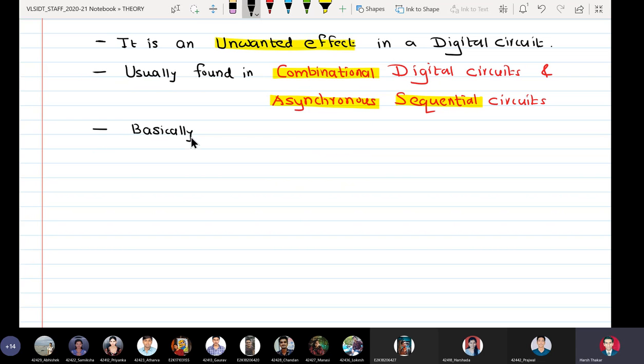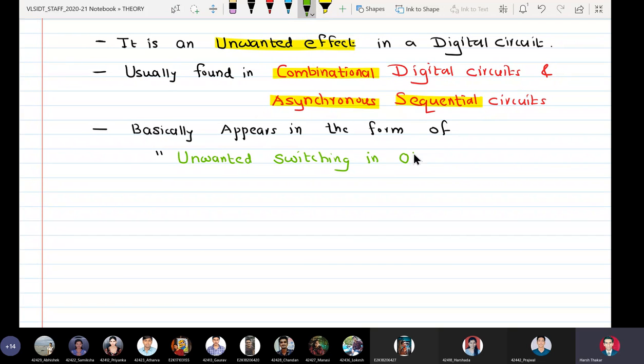Basically it appears in the form of unwanted switching in the output signal.